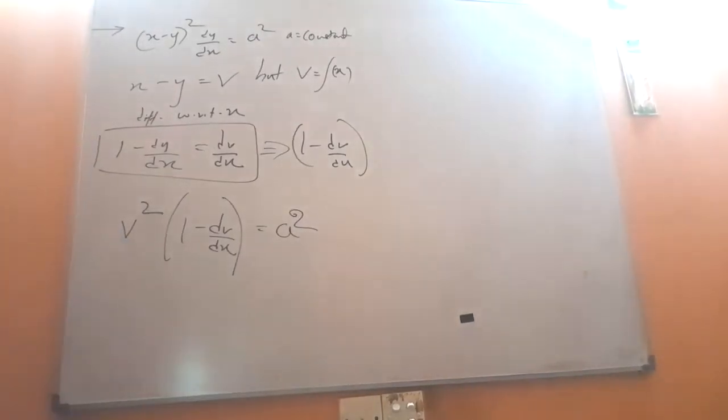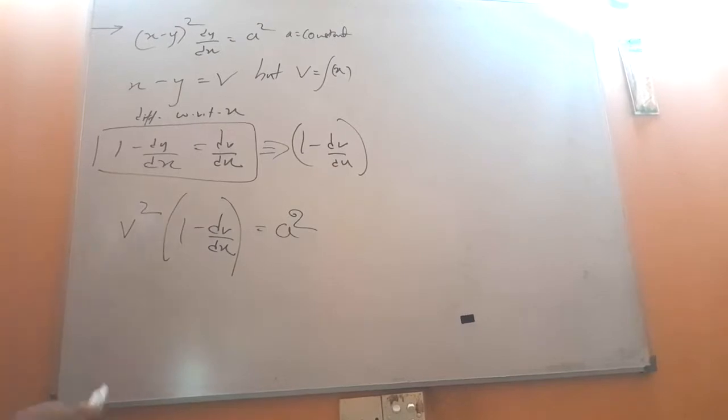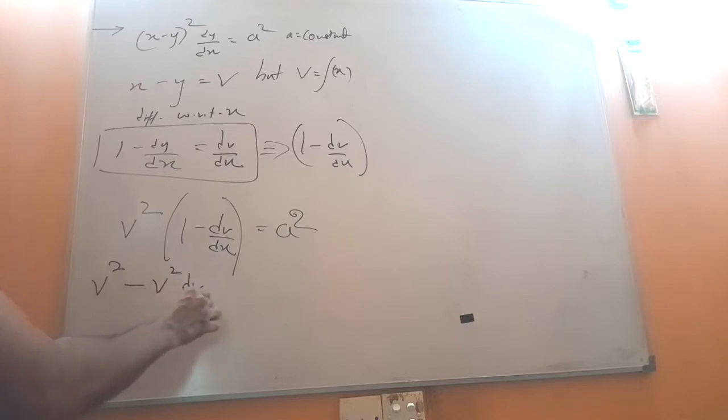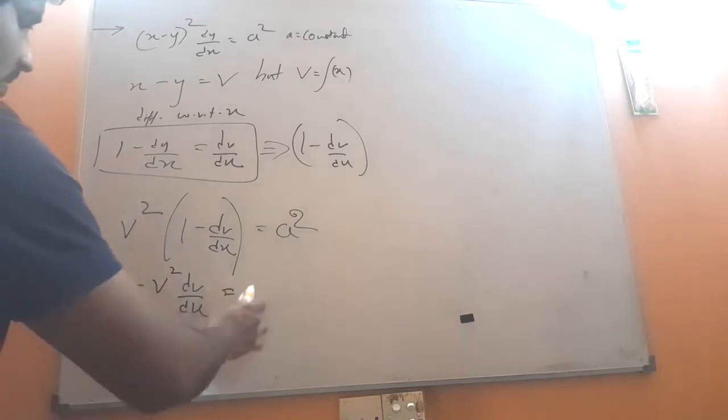No problem. So now let's see whether you can apply that variable separable rule here, because earlier it was so clear that when it is like x minus y squared, you cannot do that. So now let's check whether you can do that in this scenario. V squared into 1, v squared minus v squared dv by dx equals a squared.